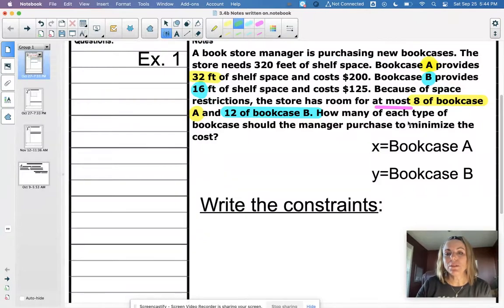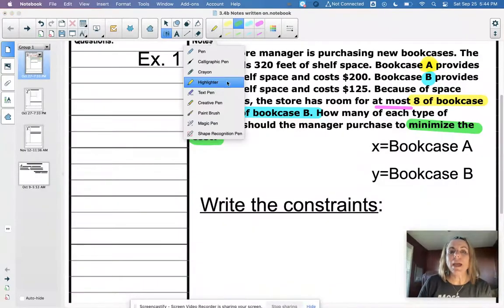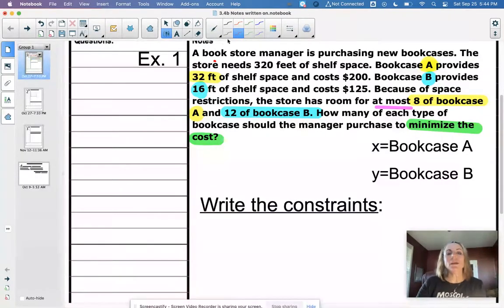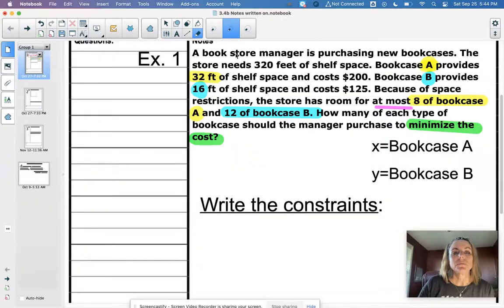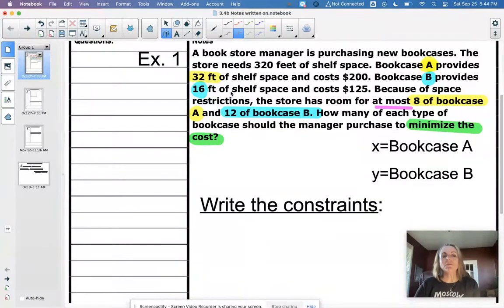All right, so what are we doing here? We are minimizing the cost. Sometimes in these word problems, you're going to be given more information than you need for the constraints. So we look to see the question being asked: how many of each type of bookcase should the manager purchase to minimize the cost?